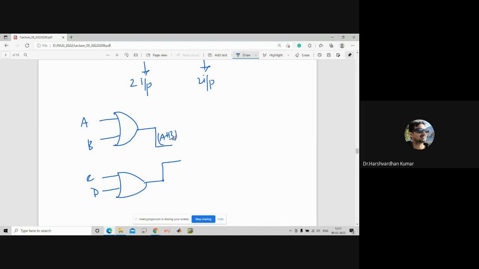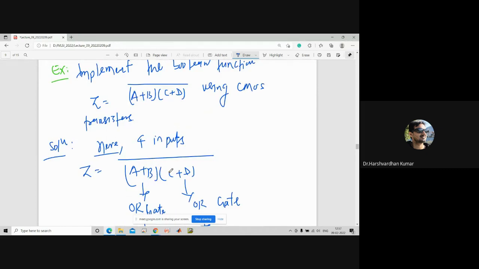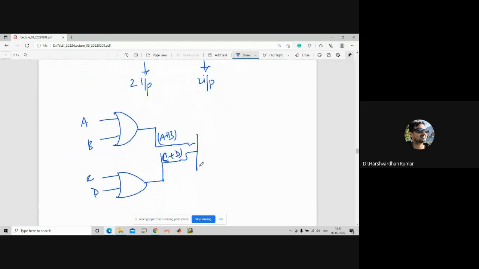A plus B, right? Here it will be C plus D. Okay. Now we need the product, right? A plus B multiplied by C plus D. So for multiplication, which type of logic gates do we need to select?